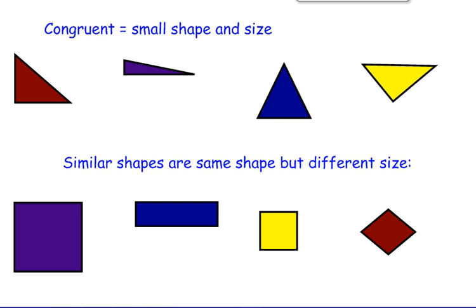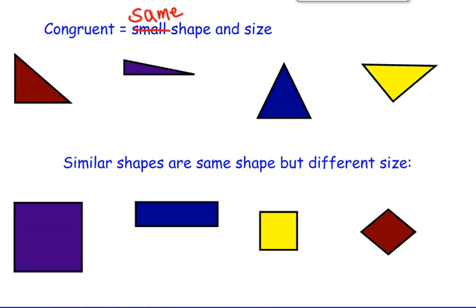The other ideas we want to look at in terms of our polygons is understanding the words congruent and similar. And so we have some definitions. Congruent means that the shapes are the same shape, which is the exact same size also. So as you look at the four triangles underneath congruent, which two triangles are congruent?